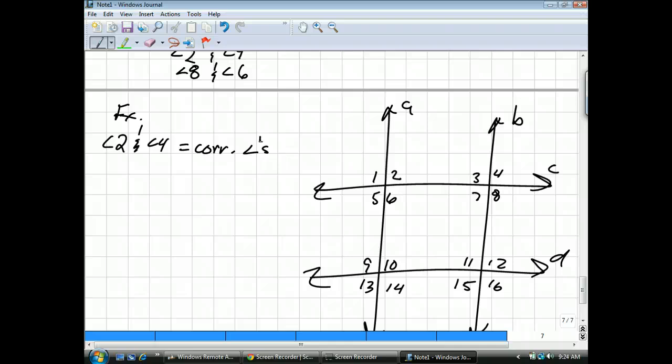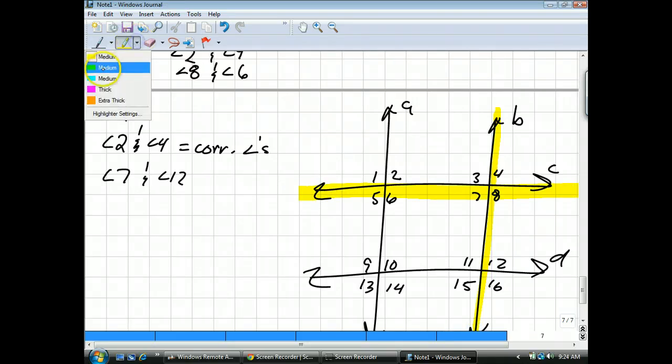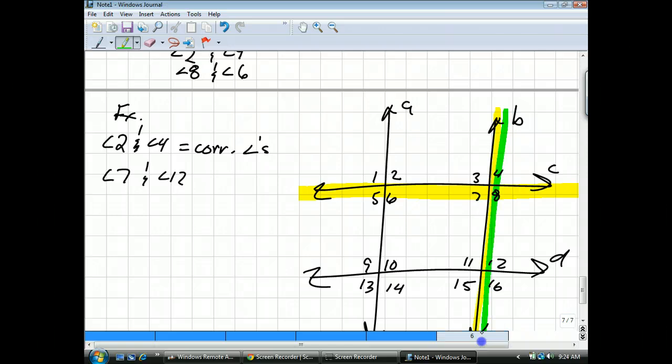All right, how about angle 7 and angle 12? Okay, so first locate angle 7. So angle 7 is formed by this one and that one, and angle 12 is formed by this one and this one. So in this case, our transversal is B. Okay, so we have angle 7 and angle 12 are on opposite sides of the transversal and between the 2 lines.